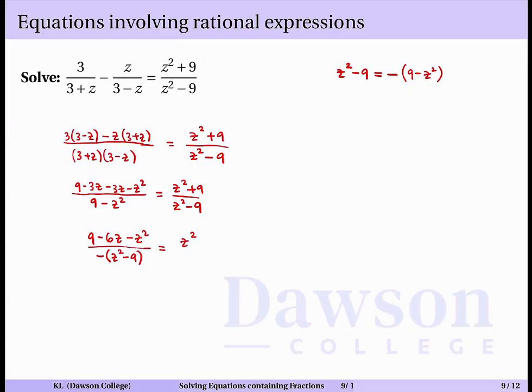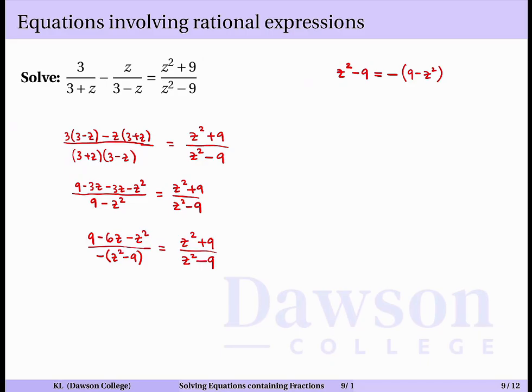For the other side, it's still z squared plus 9 divided by z squared minus 9. And then we can bring this negative to the numerator.